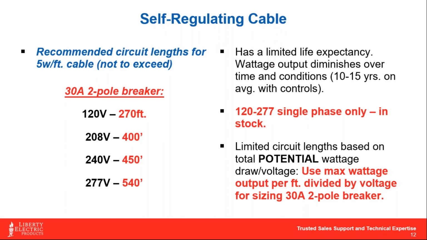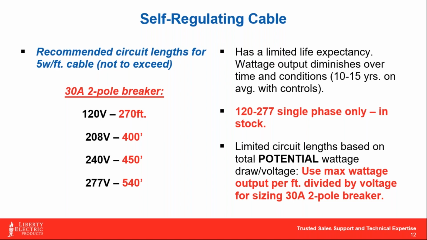So in that particular scenario, all right, a 5 watt a foot cable has the potential to pull a maximum of 12 watts a foot on that cable due to its construction. Now, the only time that should ever happen is if that thing was fully encased in a block of ice, okay, which is obviously chances are slim to none.